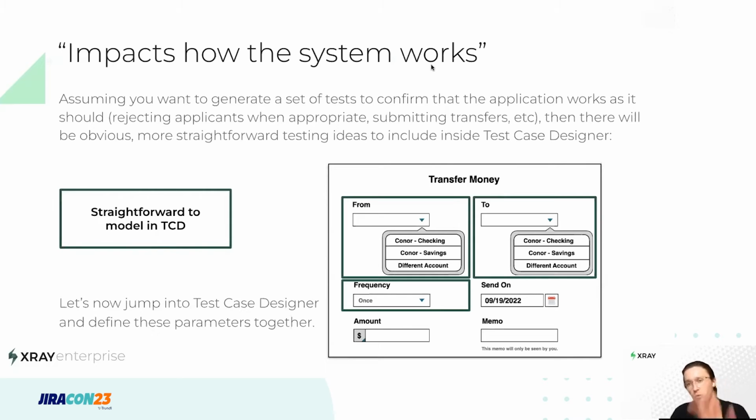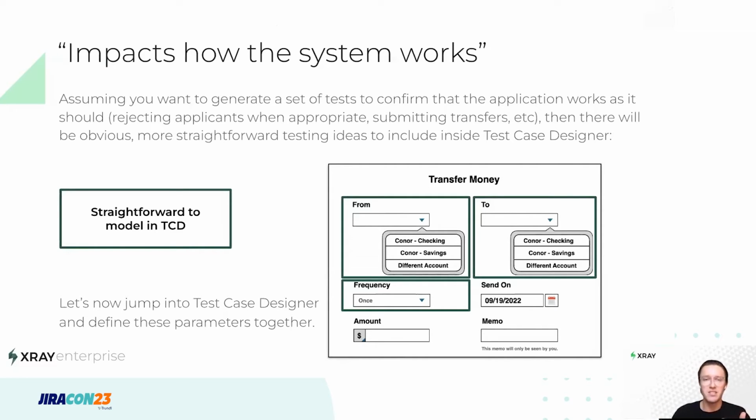In this example, we are going to add these ideas that I've highlighted in Test Case Designer. And not only that, they're straightforward basically in how we want to define them. If we take the from account example, you see the drop-down list. It's pretty easy to tell what our variation ideas and our parameter values should be right there. Again, kind of jumping right off the page to us. So it should be pretty easy in how we want to include those.